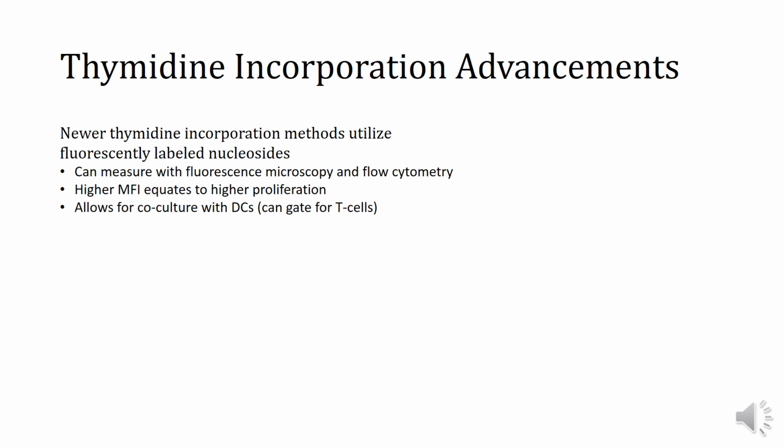The higher MFI, mean fluorescence intensity, equates to higher proliferation. This also allows for co-culture with dendritic cells, in that using flow cytometry you can gate for only the T cells. Even though you're labeling the dendritic cells, you can filter those out when you do your flow cytometry. A number of different fluorescent thymidine analogs have been used.